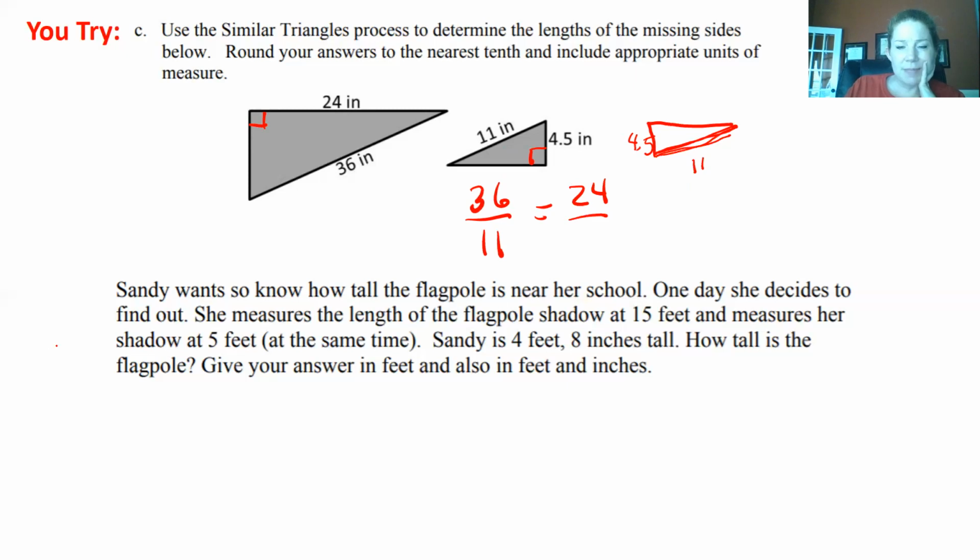We're actually missing two sides, aren't we? So we can call this side X and this side Y. So we can use 36 goes with 11 and X.